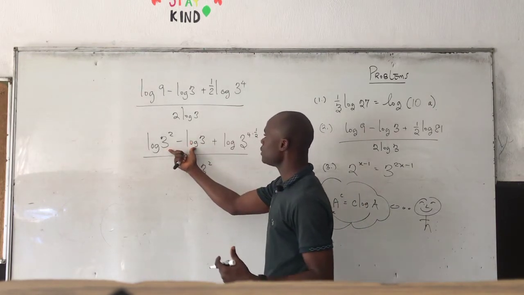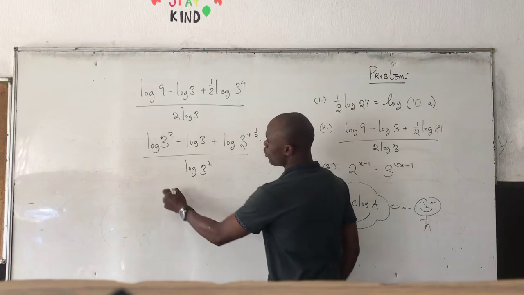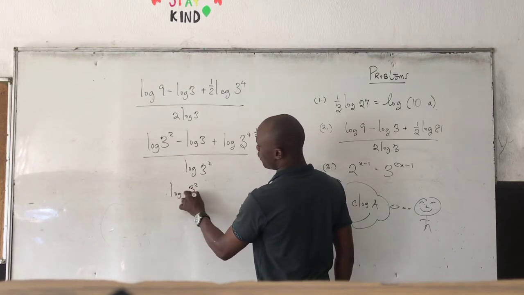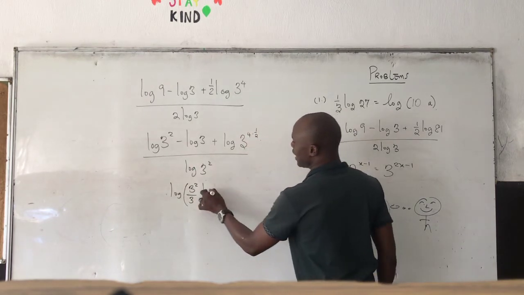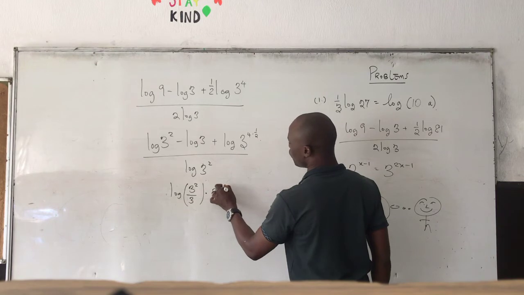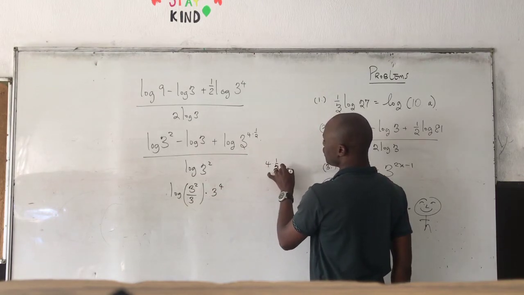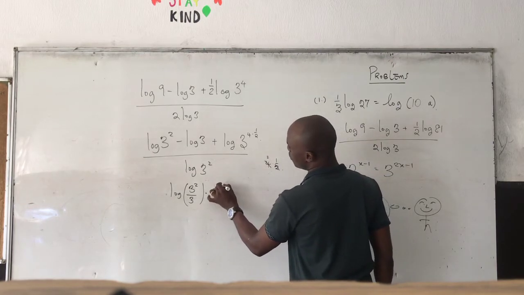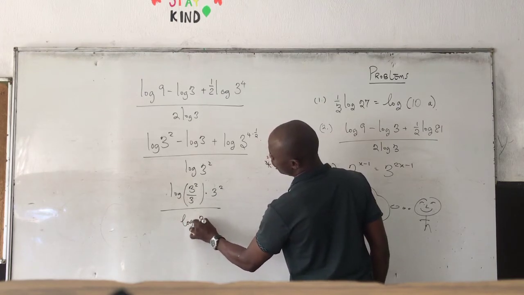You remember that this is log 3 raised to the power of 2 divided by 3. So please take note, by the first law, times 3 raised to the power of 4 times half. We can solve this as 4 times 1 over 2 is simply 2. So this is log 3 raised to the power of 2.